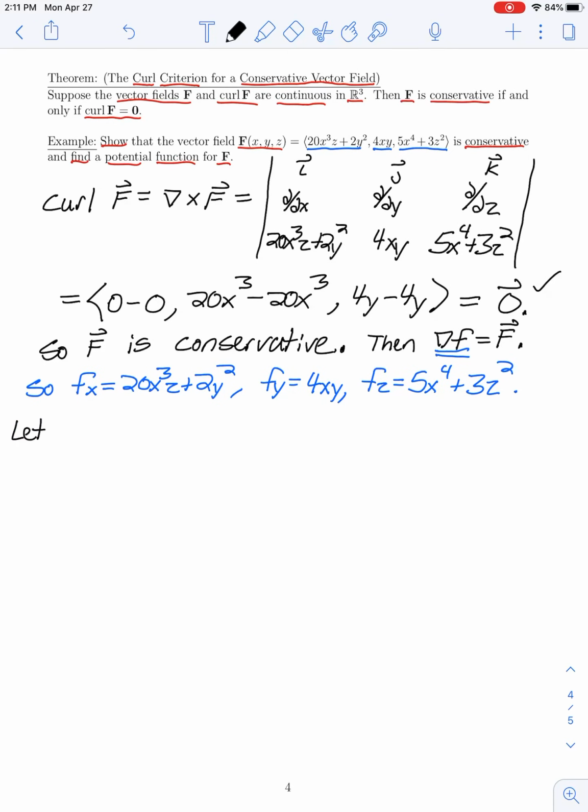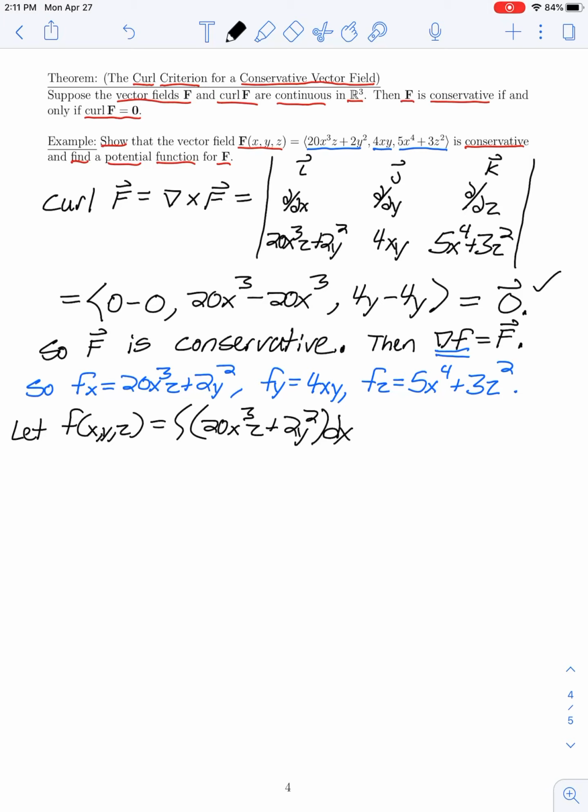So in this example, let's consider f, which will be a function of x, y, and z, to be found as the antiderivative of the partial of f with respect to x. That was 20x cubed z plus 2y squared, integrated with respect to x.